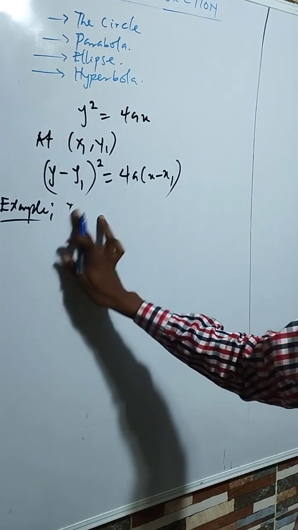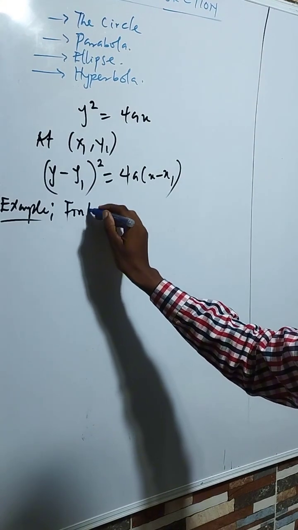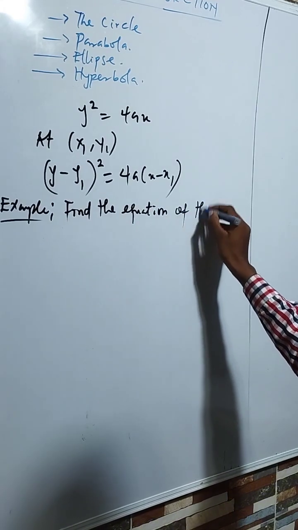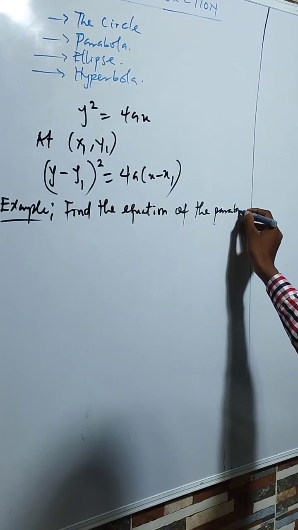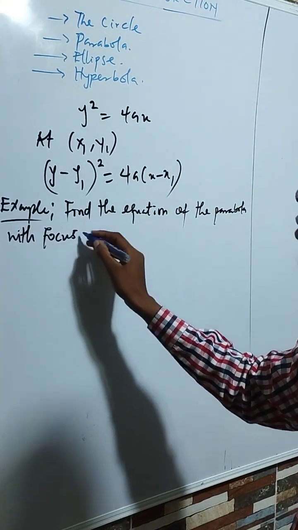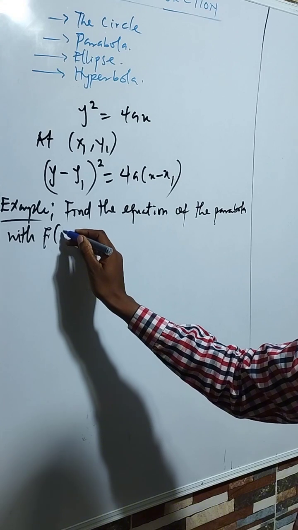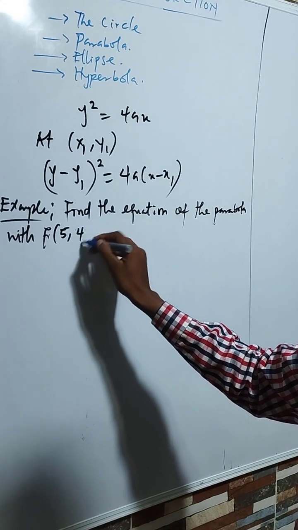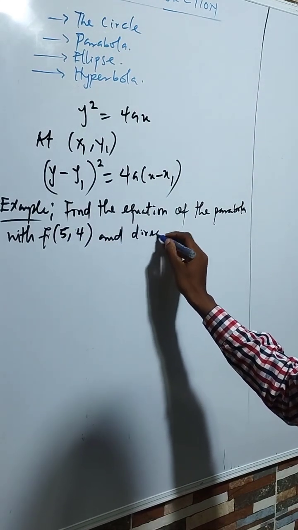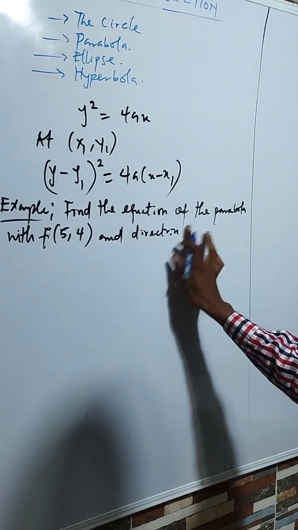Find the equation of the parabola with focus F, which is (5,4), and directrix equal to 3.